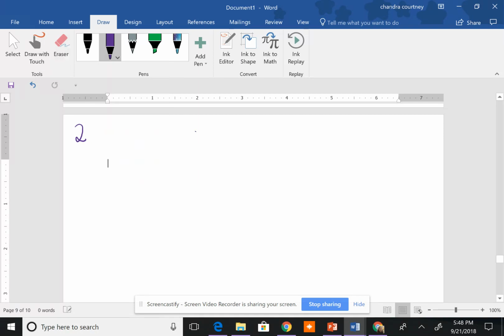Okay, Q squared is equal to 0.36, which stands to reason that Q is going to be equal to the square root of 0.36, which is 0.6.